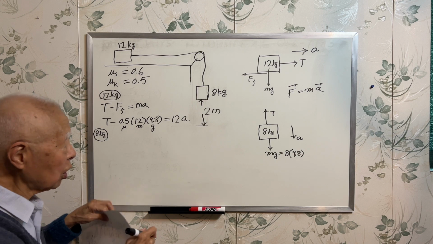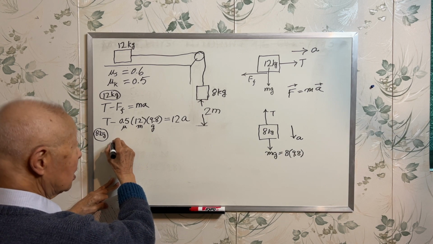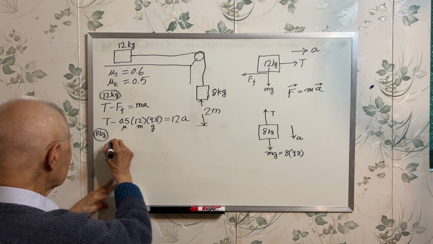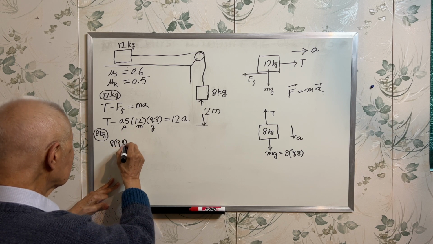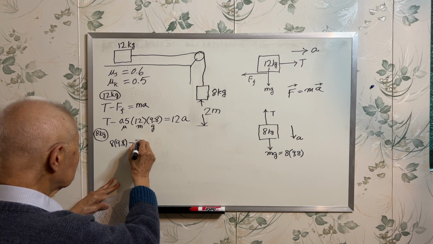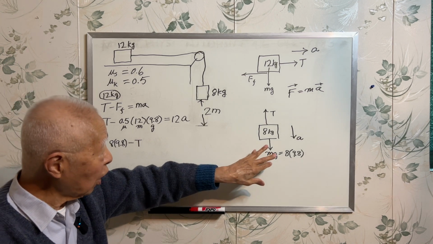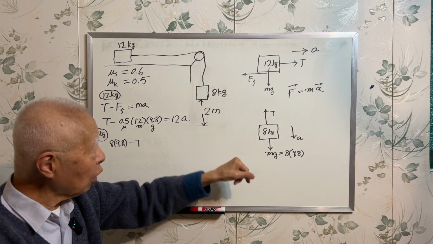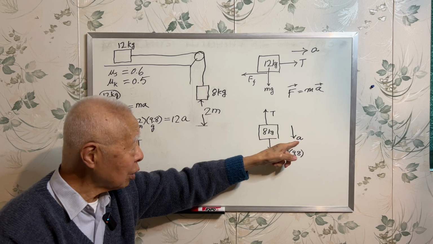So net force is this force minus that force, because I want net force downward because acceleration is downward.